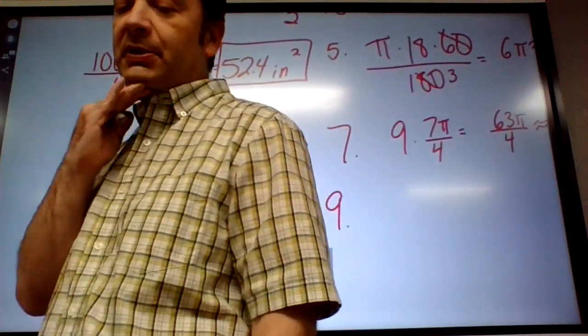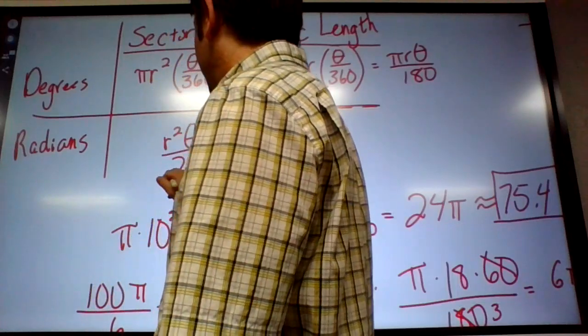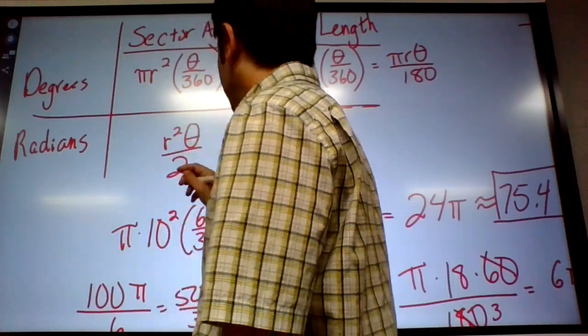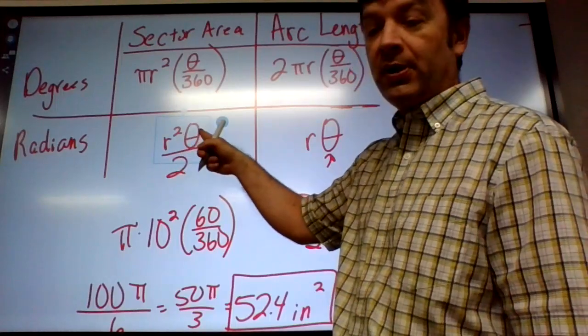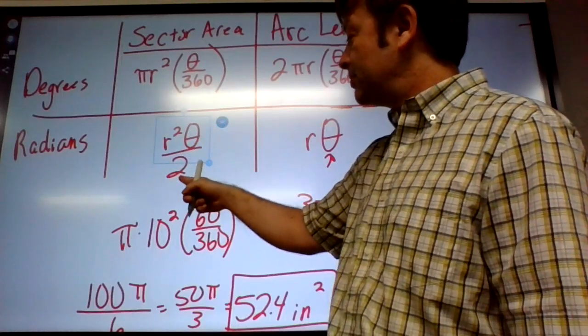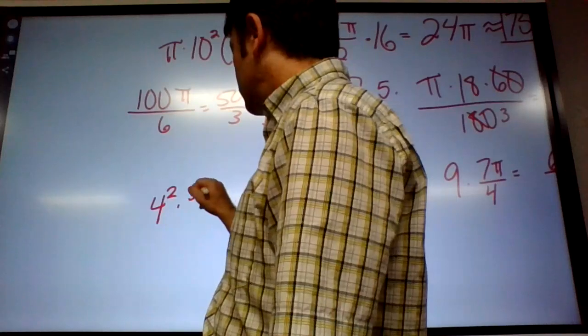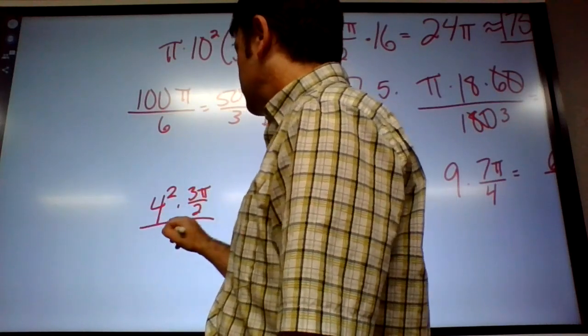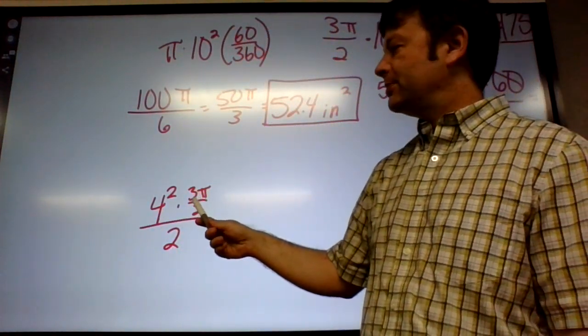Okay, 15. Yeah, this sector area formula is not quite as simple as arc length. Yucky. So the radius is 4, so it's 4 squared times 3 pi over 2 over 2. Does anybody know an easier way to plug in 3 pi over 2?